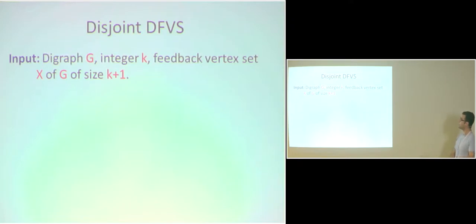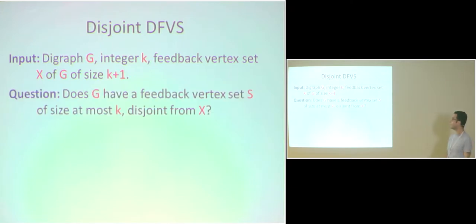I give you a graph G, an integer k, and a feedback vertex set X. This is the part of X that is left after you removed the part of X that you should delete. Of size still one too big, let's say k plus 1. And you now ask, do you have a feedback vertex set of size at most k that is disjoint from the one that you have? Because now the part of X that you have, you actually made undeletable.